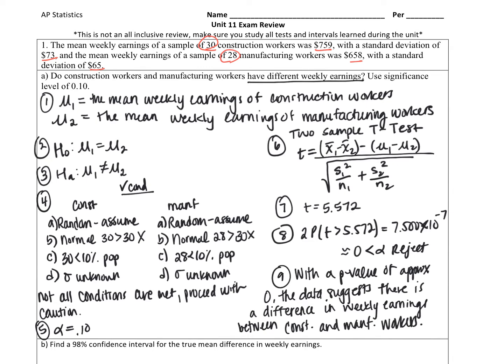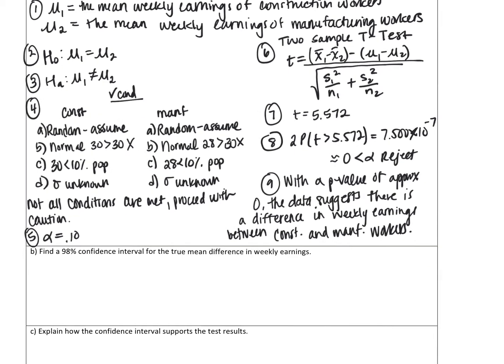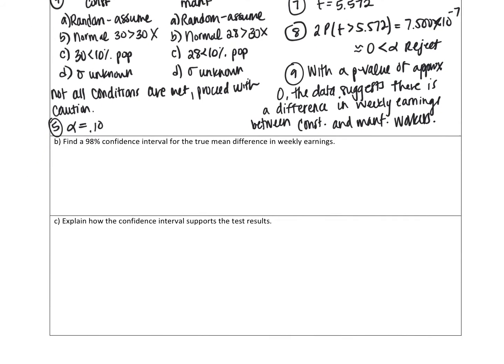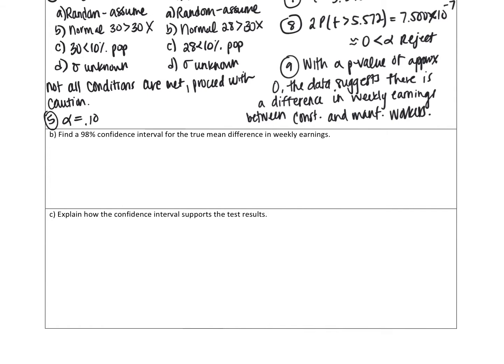Okay, now the natural question is, well, how much of a difference? So find a 98% confidence interval for the true mean difference in weekly earnings. Okay, so you need to let everyone know that you need to check your conditions, but that we're not going to do it again, okay? So see conditions from part A. They have not changed.